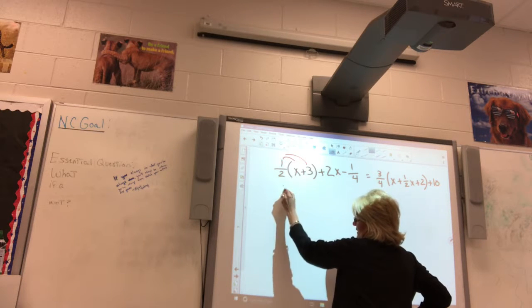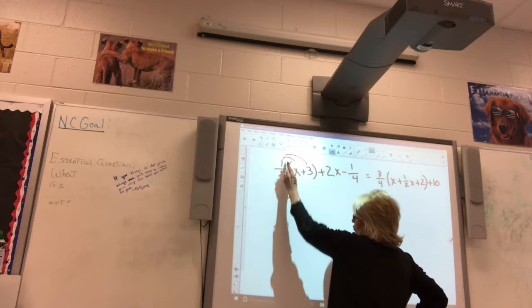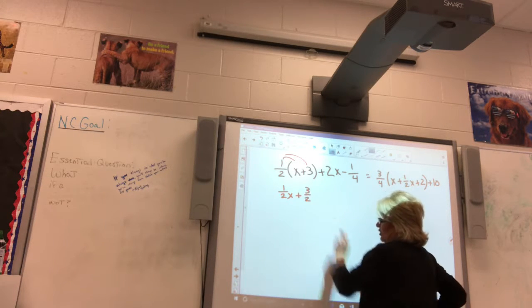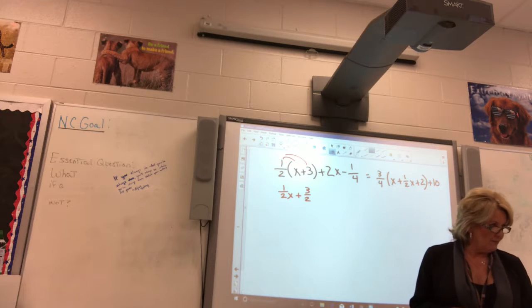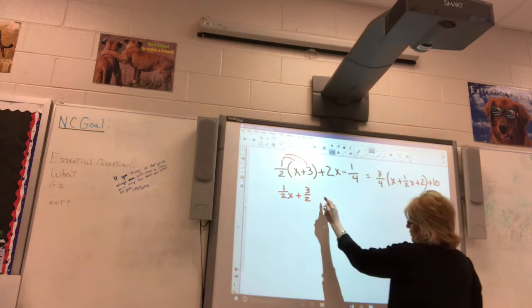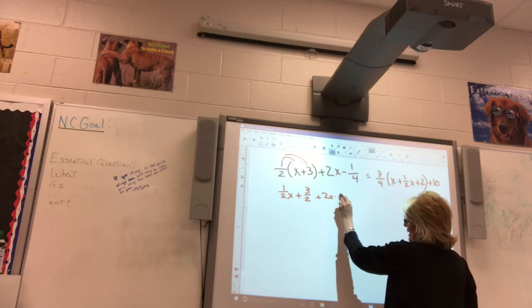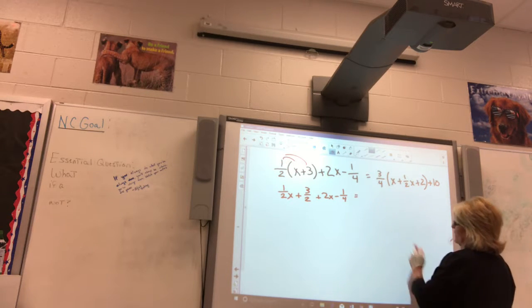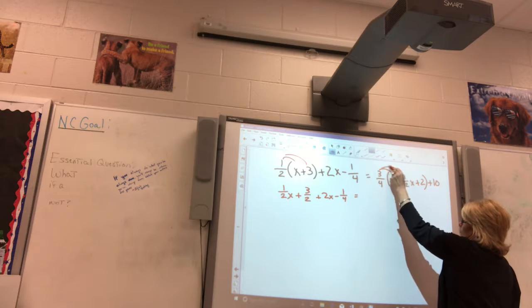So 1/2 times x is 1/2 x. 1/2 times 3 is 3 over 2. Are you with me? Okay. Then I have a plus 2x minus 1/4. All right? Got rid of the parentheses there. Here, distribute.